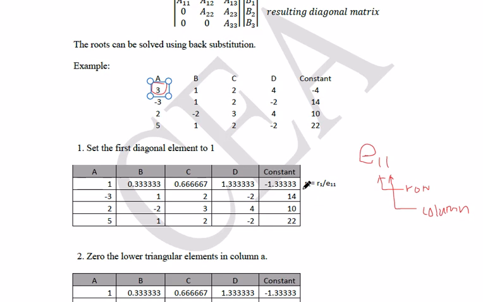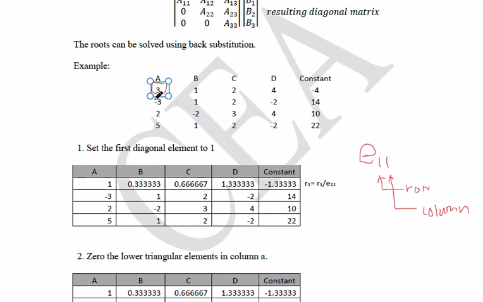We will get the values of all the elements in the row using this formula: R1 is equal to R1 divided by the element in the first row, first column.